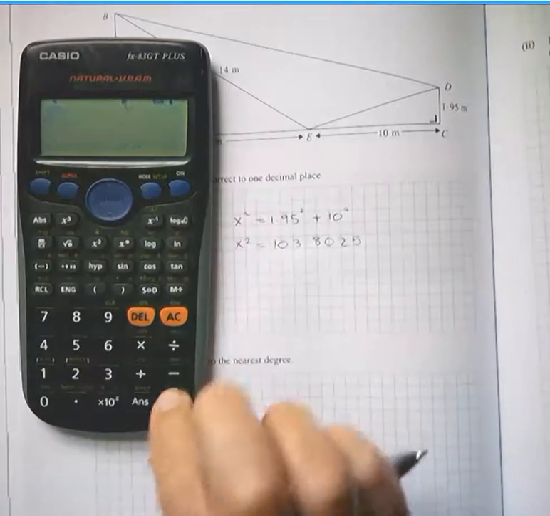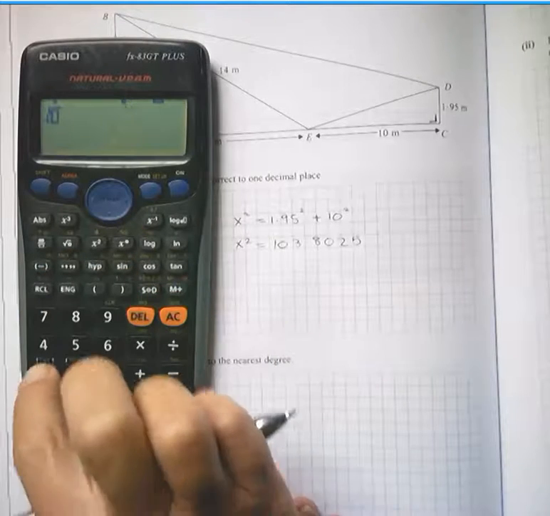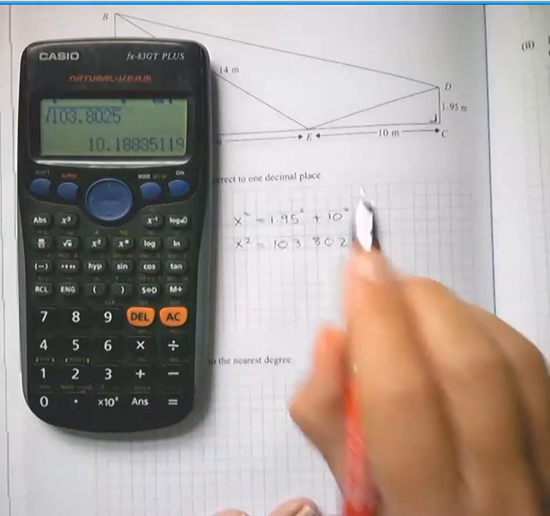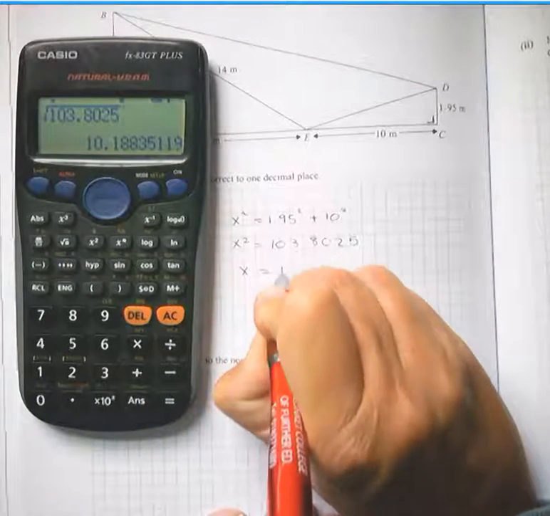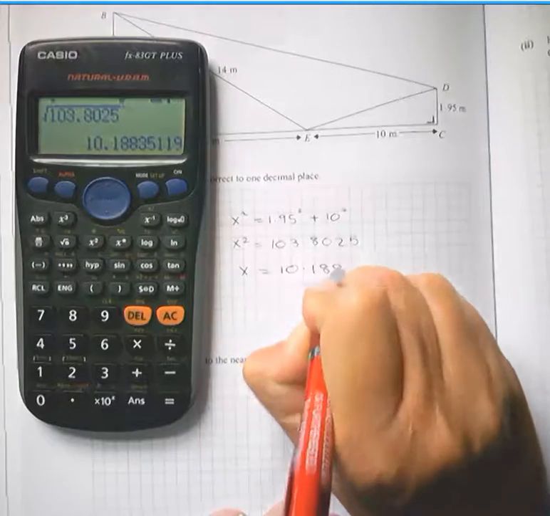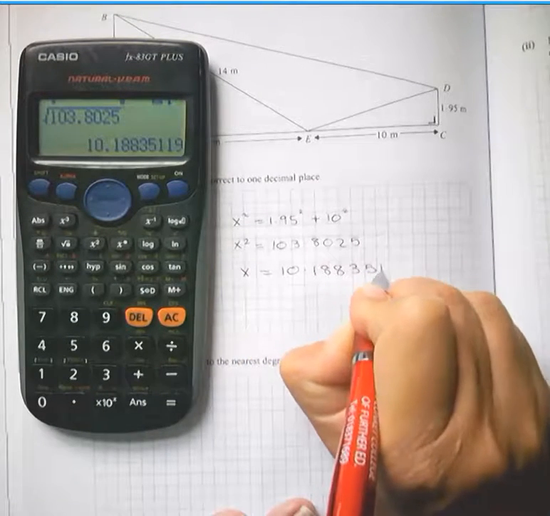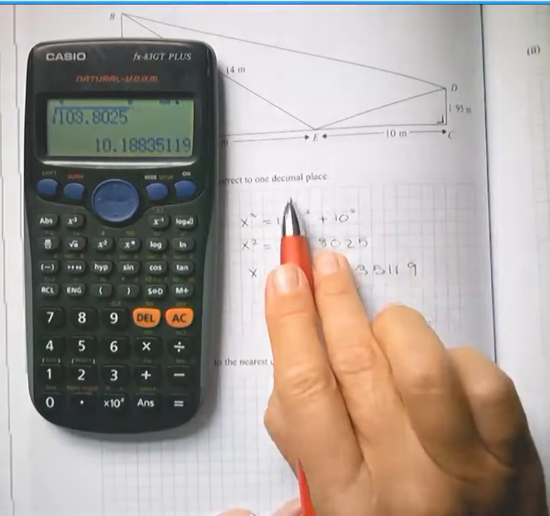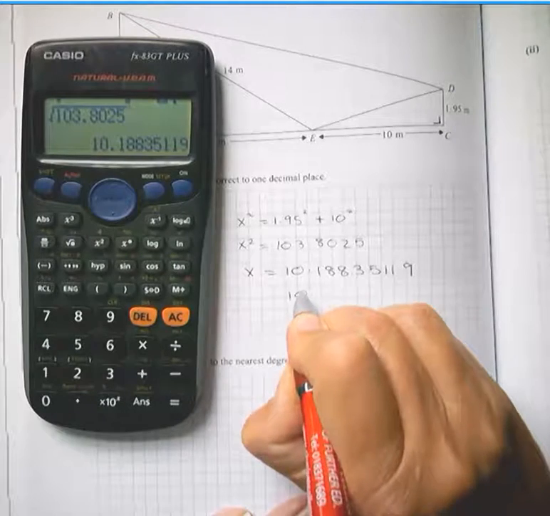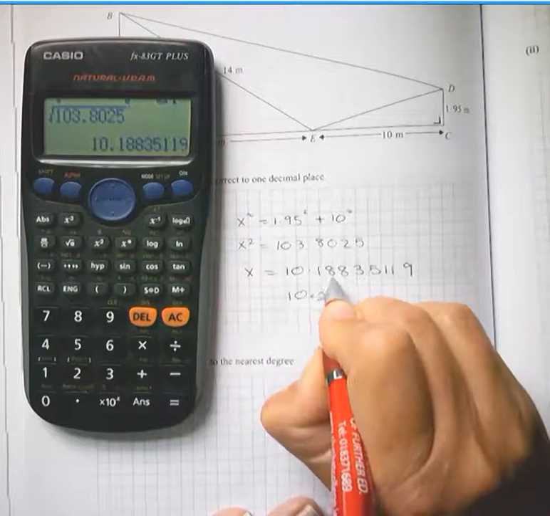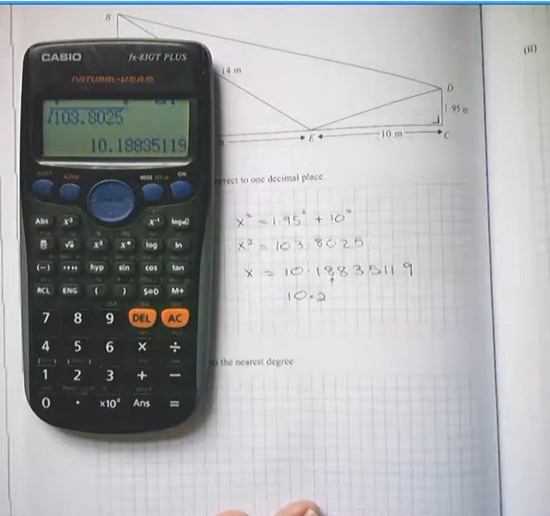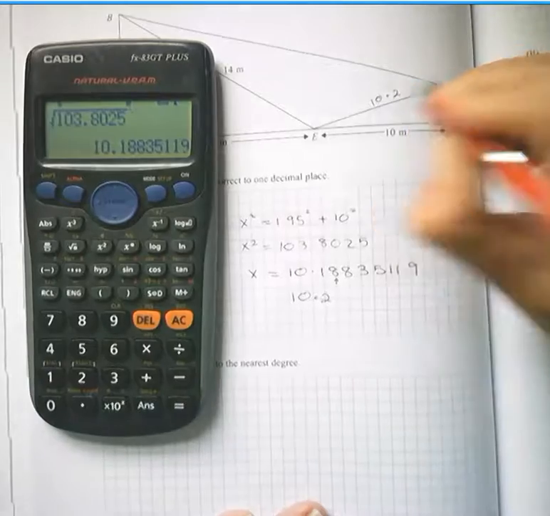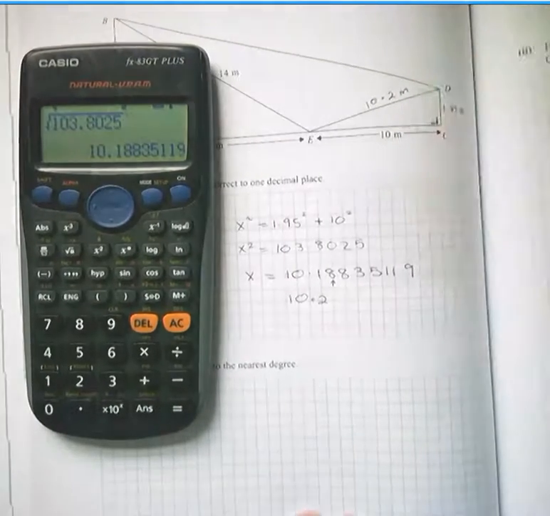So the square root of that, 103.8025, so x is equal to 10.1883519. It wants it correct to one decimal place, so you're going 10.2, because when you looked at the second decimal place, it was bigger than 5, so you add 1 on. So ED is equal to 10.2 metres.